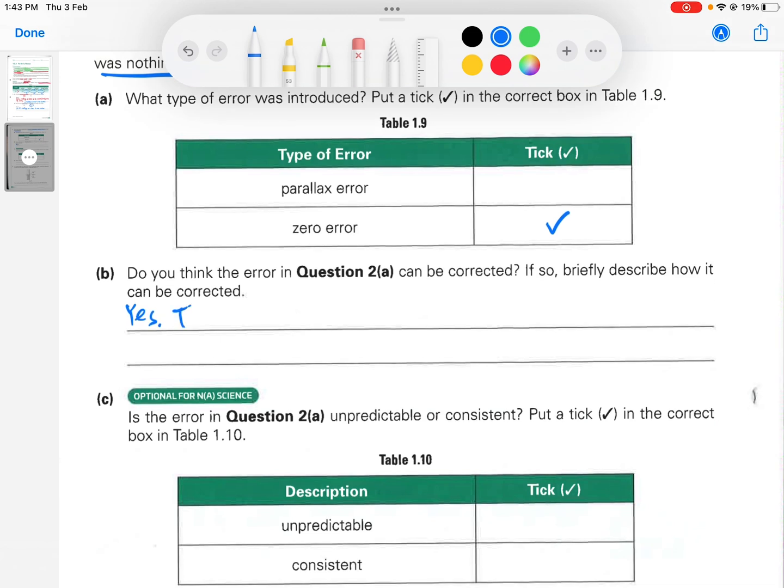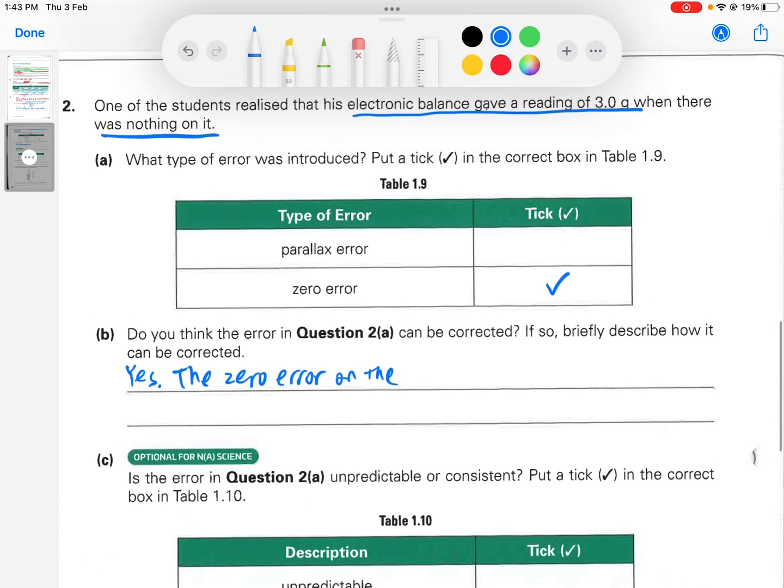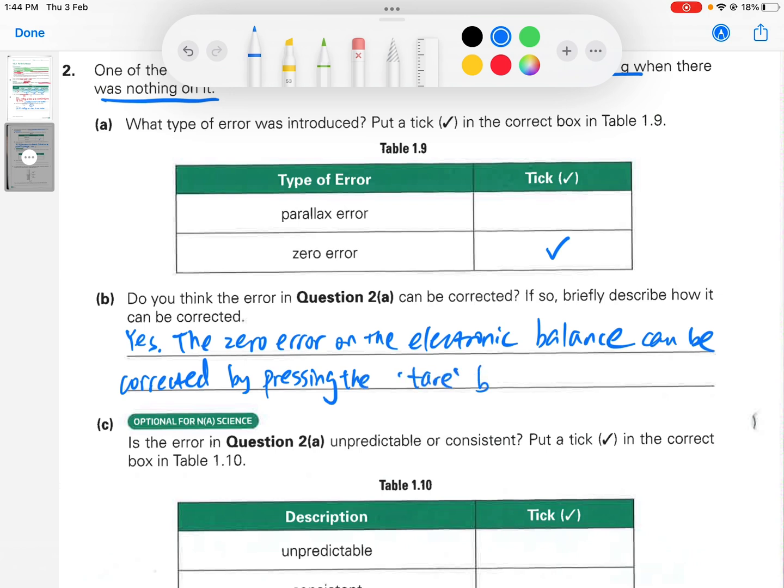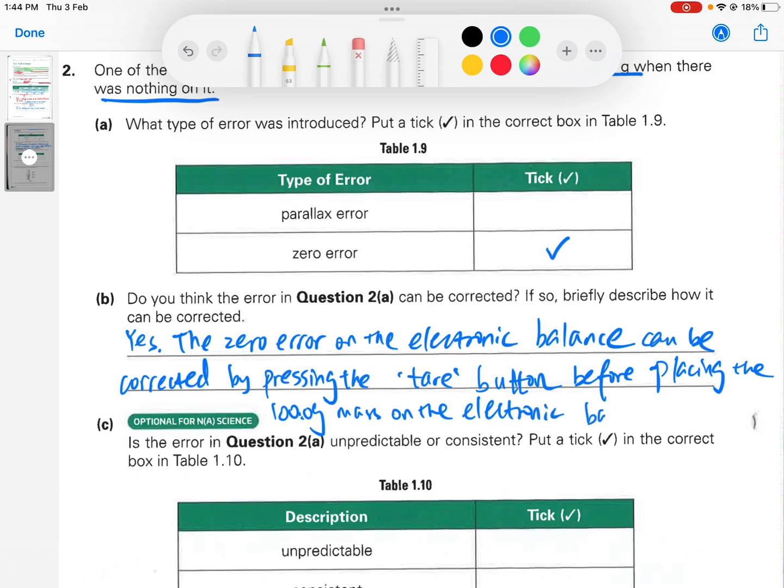How? We say that the zero error on the electronic balance can be corrected by pressing the tare button before placing the 100.0 gram mass on the electronic balance.